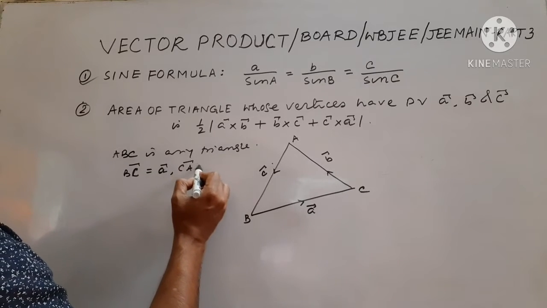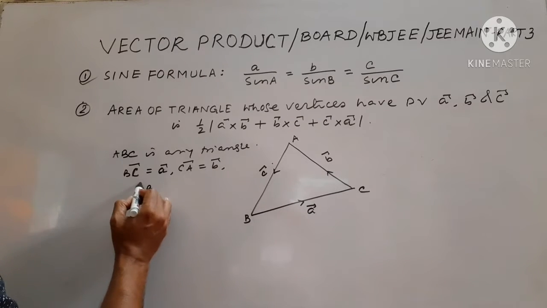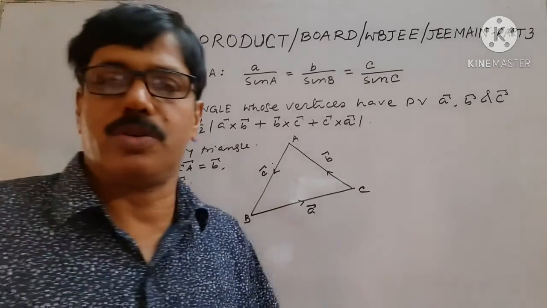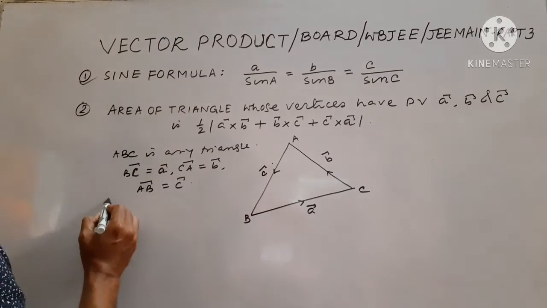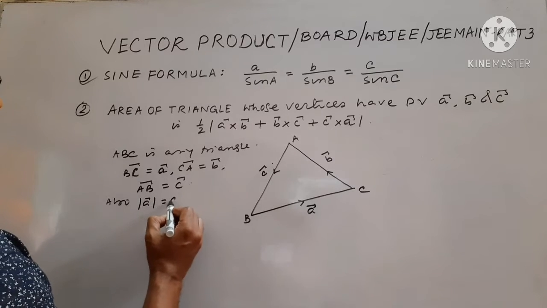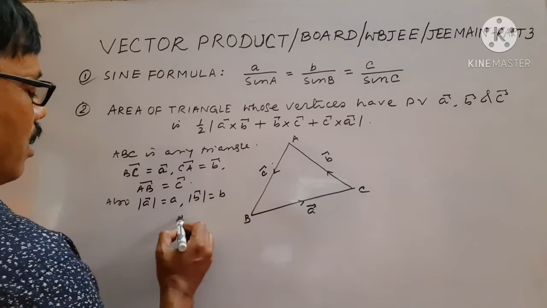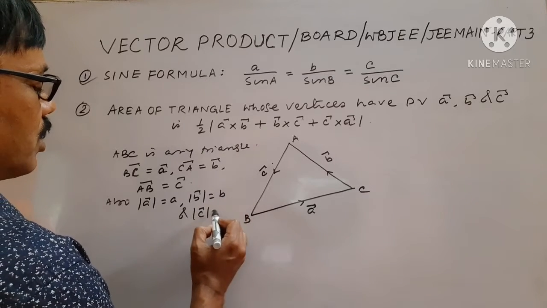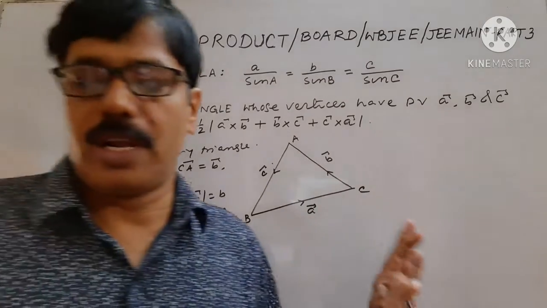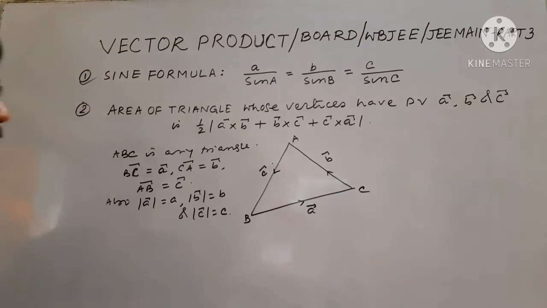CA equals B vector. AB equals C vector. Also, mod A equals a, mod B equals b, and mod C equals c. So, same as the proof of the cosine formula, this part.